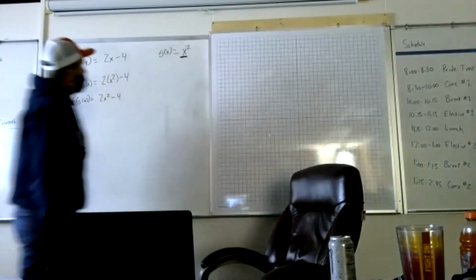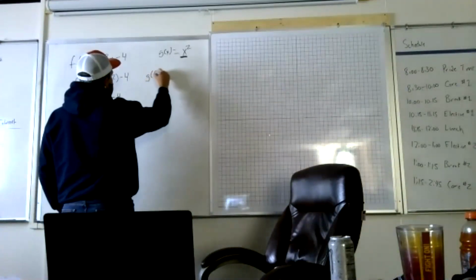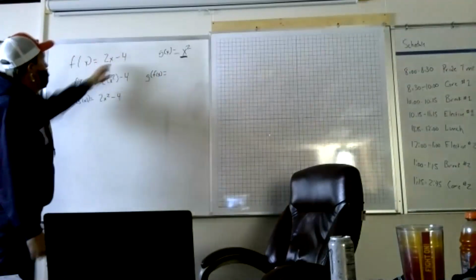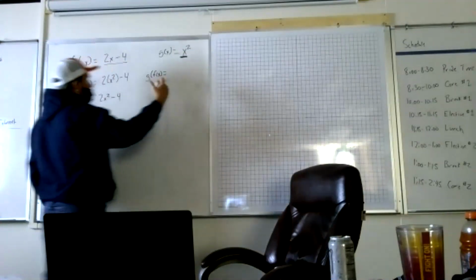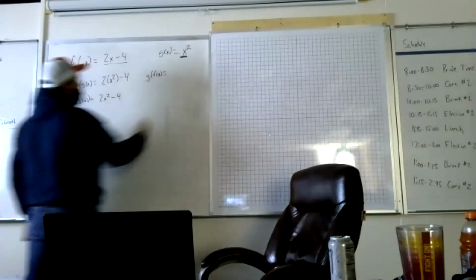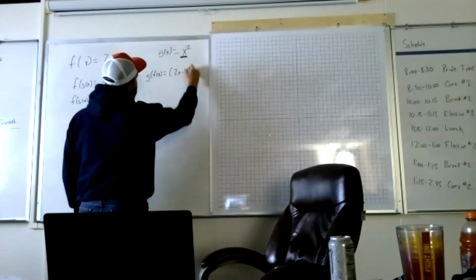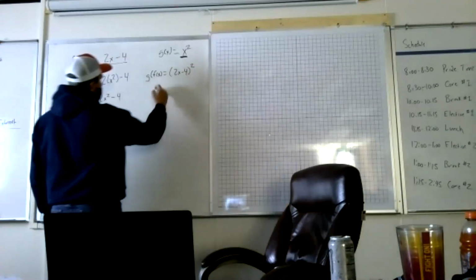Working on the other side to find g of f of x. Once again, we have to plug all of f of x into this equation and carry out our order of operations. So that is 2x minus 4 squared. Then we'd have to carry it out using FOIL.